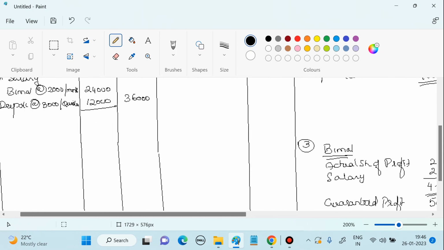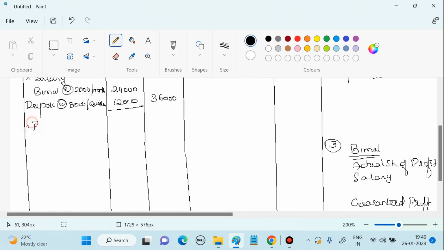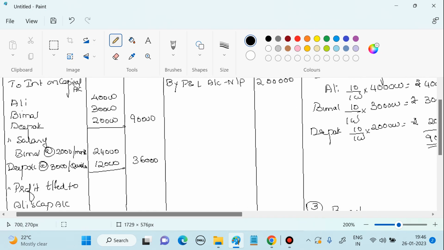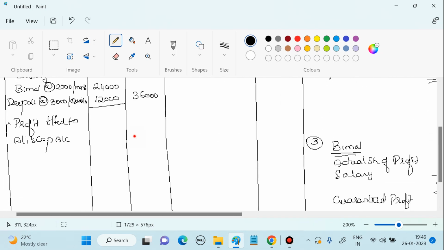Okay. So what we will do is we'll write here profit transfer to Ali's capital account. Here for Ali there is no variation. So his actual share of profit 37,000 we would give to him. So we can write 37,000 directly here.